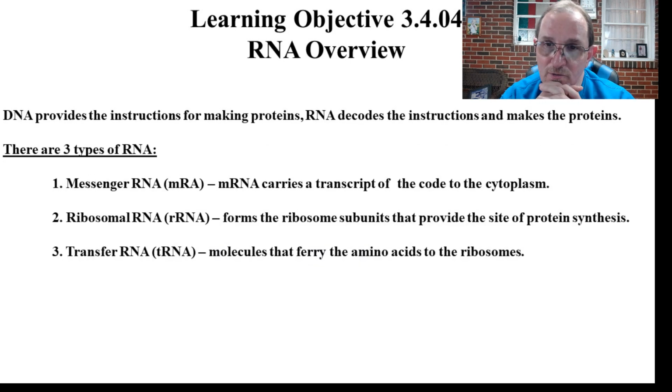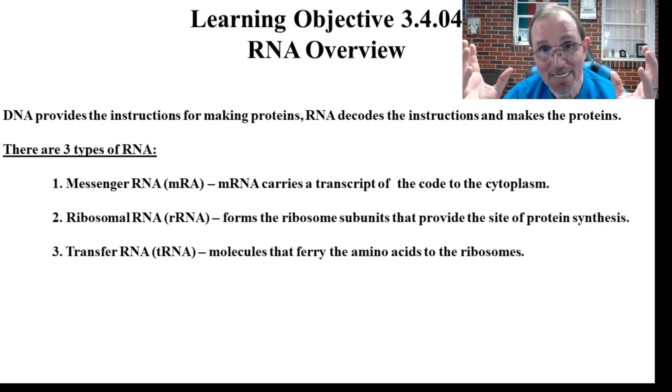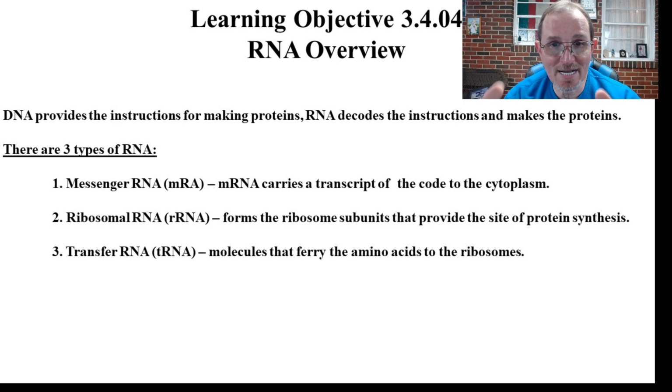Then we have ribosomal RNA, and that just means that inside the nucleolus, we already talked about, we make the ribosomes, which is partially made of RNA and partially made of protein. And the part of the ribosome that's made out of RNA is called ribosomal RNA, which kind of makes sense. So you just abbreviate that rRNA.